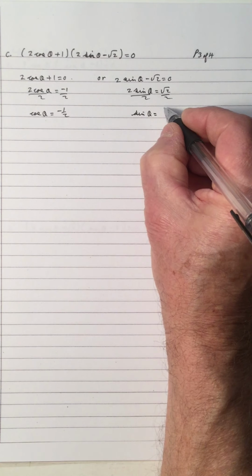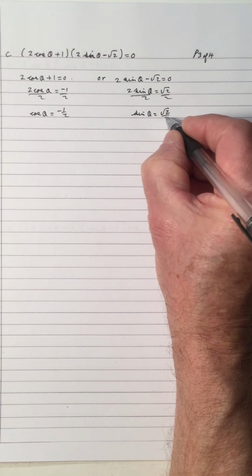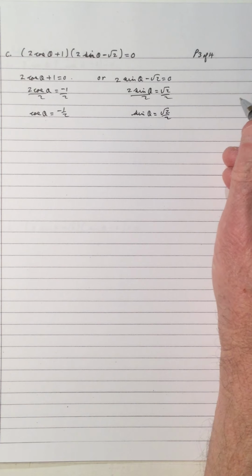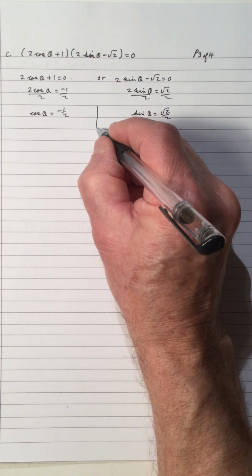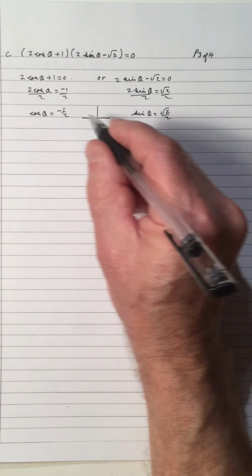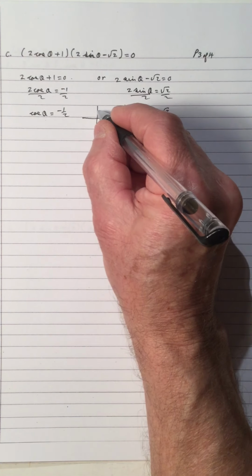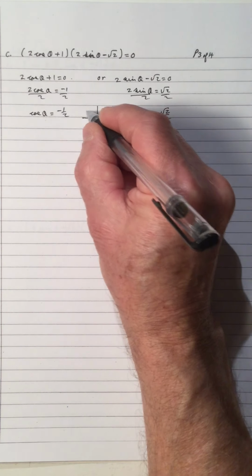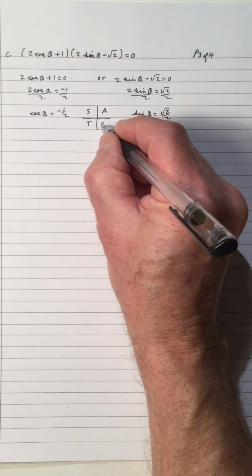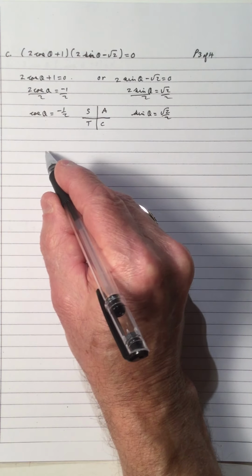Sine theta is equal to root 2 over 2. And for each of these parts, we have to look at the CAST rule. So let's deal with this one.